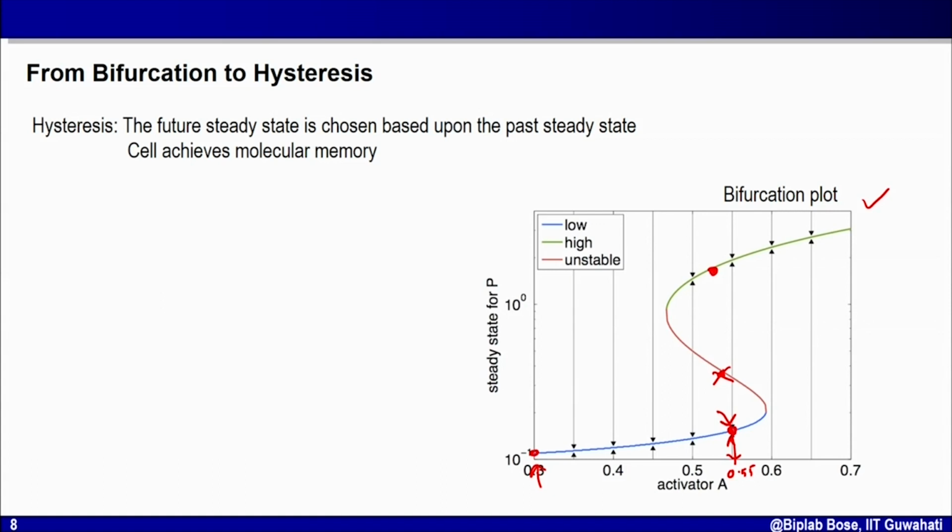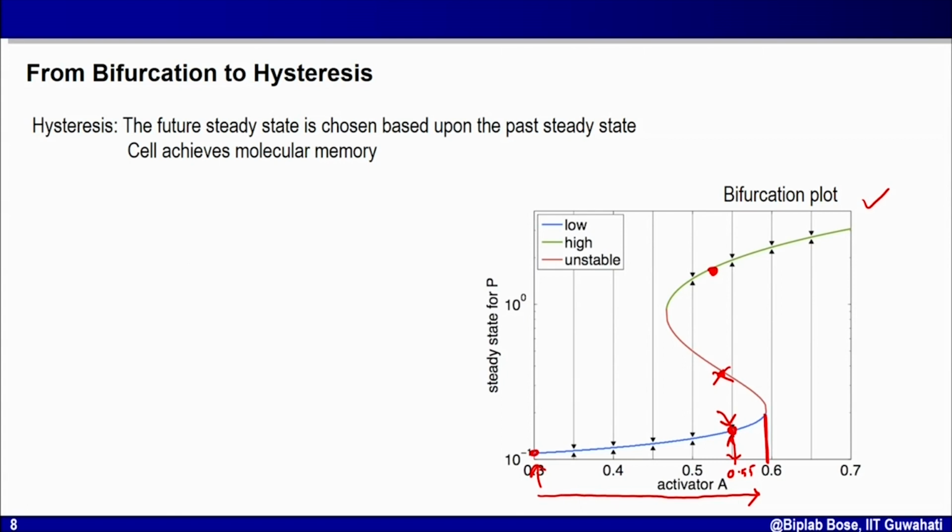This will happen until I reach this point near 0.6. So in this whole range, up to this value of A near 0.6, the system will always remain on this blue line. Although for some values of A it has a chance to go to a higher value, it will not go there because on the phase plane, or direction field, it is far away.